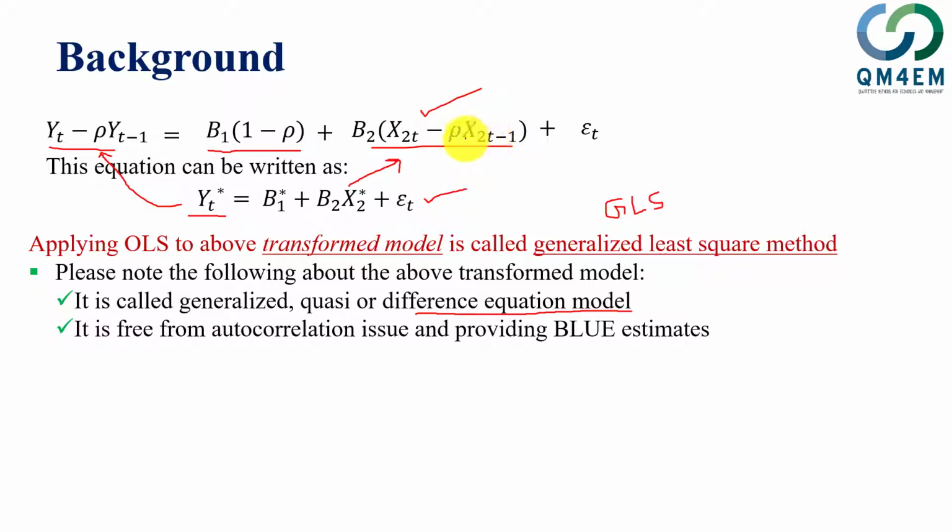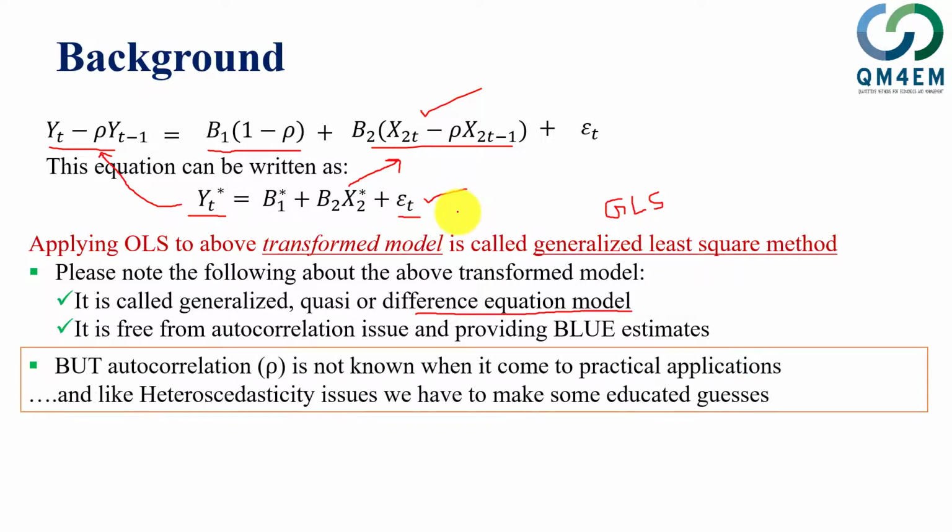For the time being, I'm ignoring the rho. The important point is that this transformed model, this difference equation model, is free from the problem of autocorrelation, because we already saw that the epsilon is not correlated with its lag value.